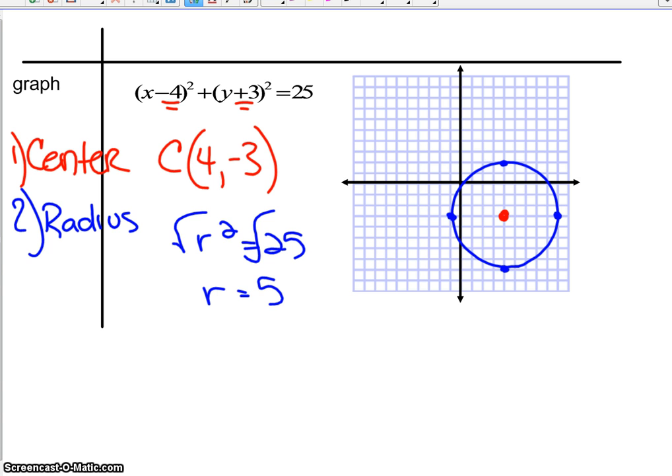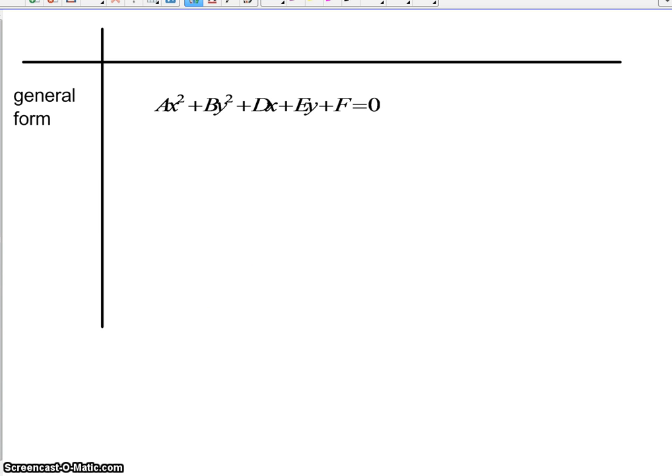Pretty simple situation. Now, what we also have is what's called the general form. Okay, we have ax squared plus by squared plus dx plus ey plus f. Okay, meaning that we could have, or we will have, in an equation for a circle, an x squared piece, a quadratic in the x, a quadratic for the y, a linear for the x, linear for the y, and then also a constant.